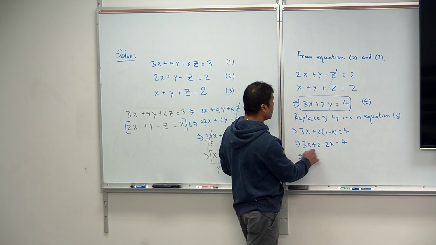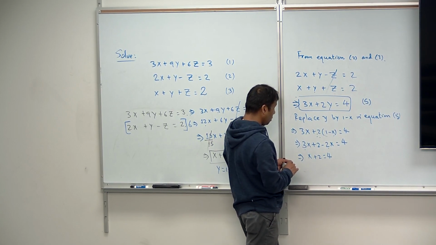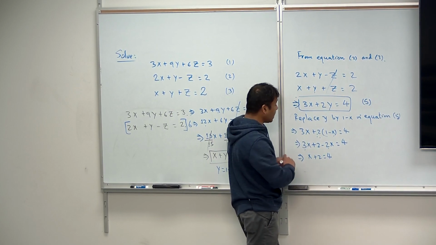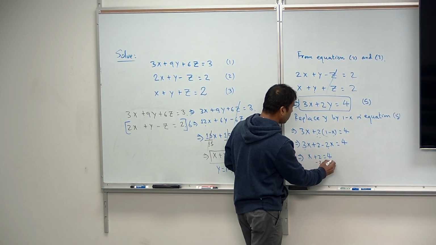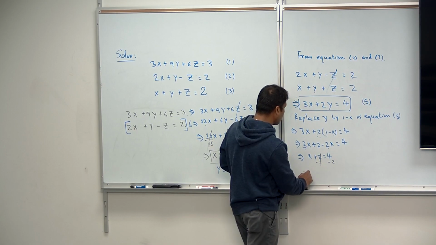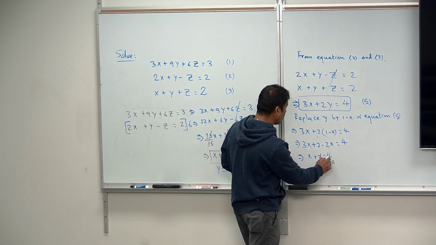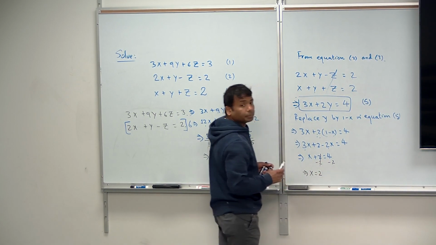So what is 3x minus 2x? x plus 2 equals 4. You subtract 2 from both sides, you cross them out, and x equals 4 minus 2, which is what? 2.